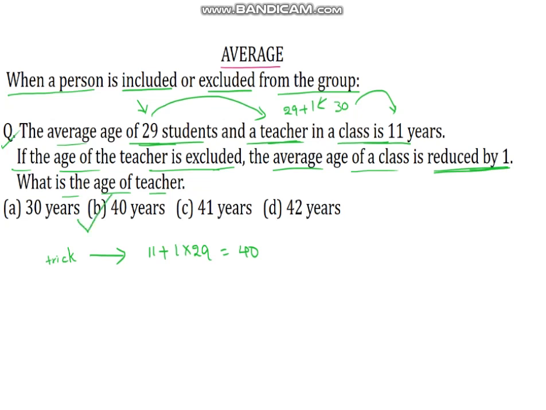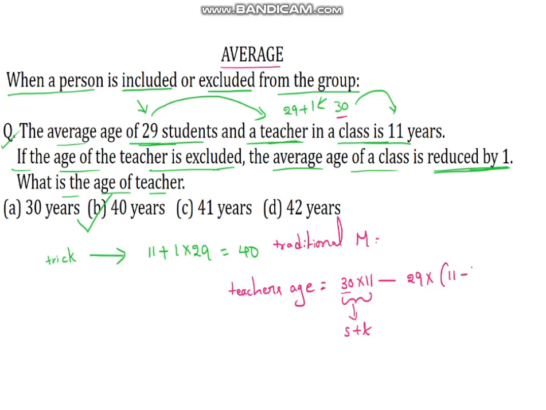Coming to the traditional method. Teacher's age is equal to 30 into 11. This is the total age of students plus teacher, 29 students and 1 teacher, minus 29 students into 11 minus 1.